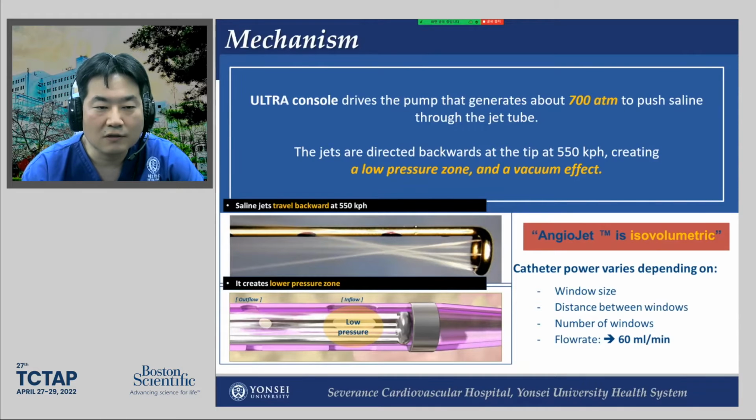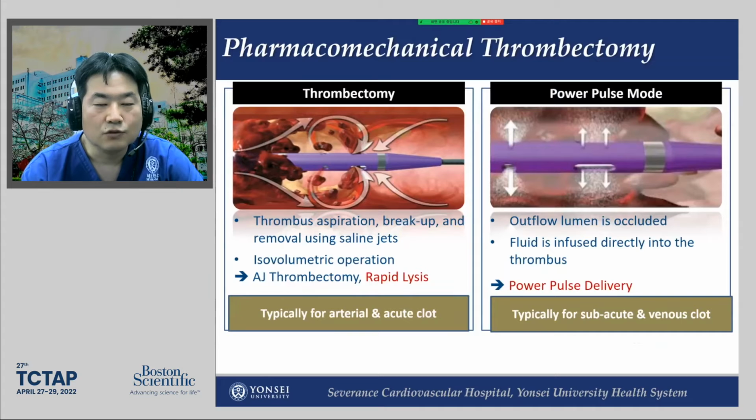Its high speed jet travels backward and makes a negative pressure inside the catheter, and it can make isovolumetric aspiration. And two kinds of modes are available. The first is thrombectomy mode, which is direct thrombus aspiration, and the other is the power pulse mode.